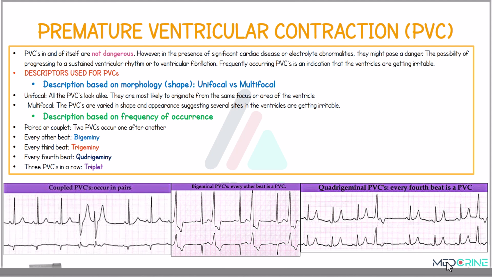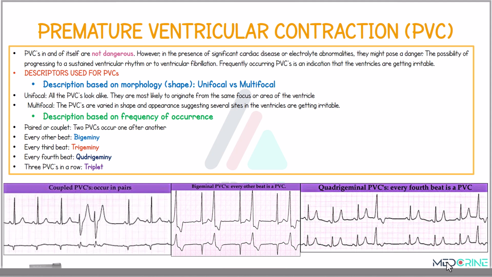When we say unifocal, all the PVCs look alike and they most likely originate from the same focus. On the other hand, a multifocal premature ventricular contraction has a varied shape and appearance, and this characteristic suggests that the origin is several foci or several areas of the ventricles.